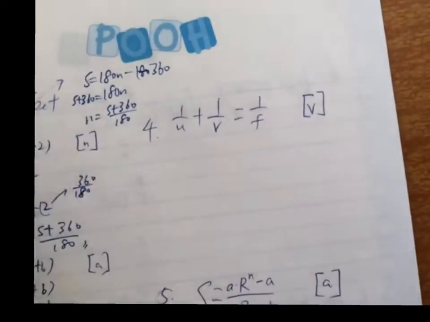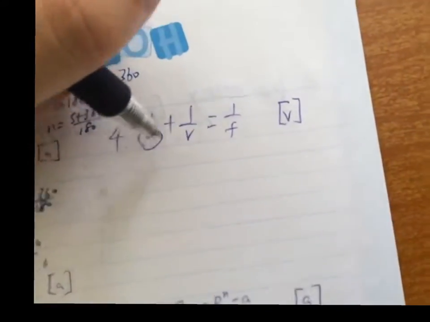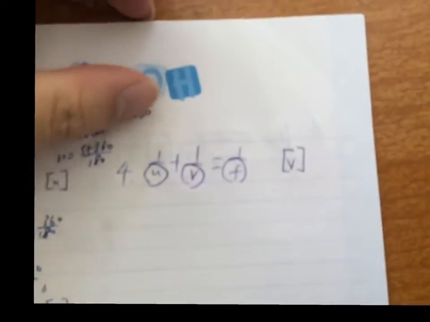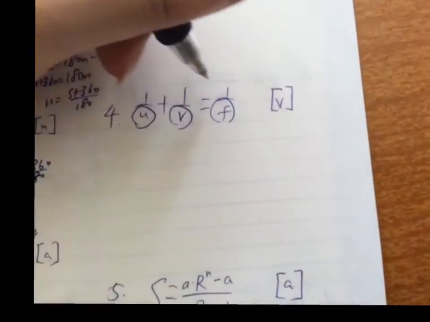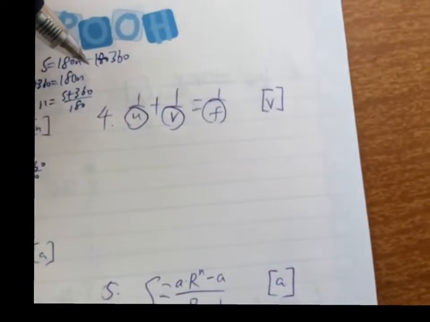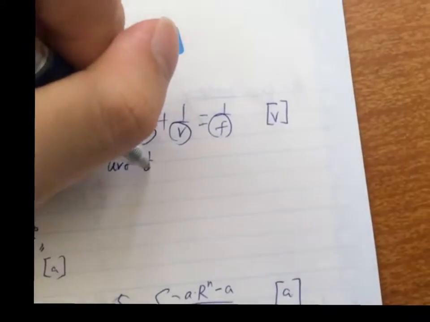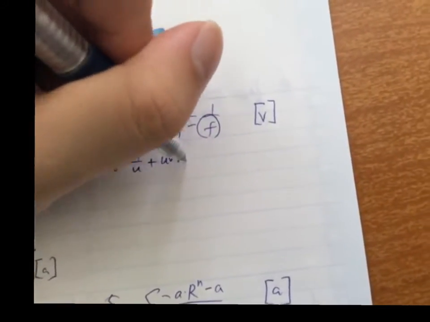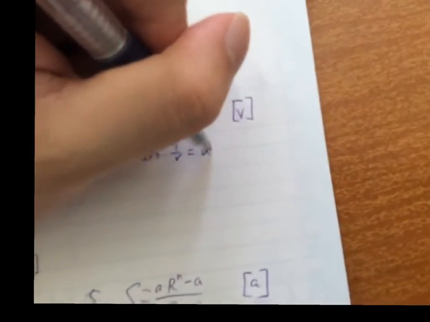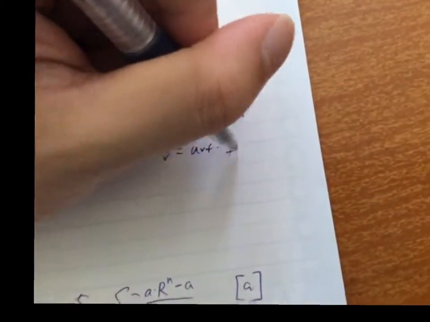Number 4, you have three denominators, u, v, and f. So you can multiply the whole fraction by uvf. So it will be uvf times 1 over u plus uvf times 1 over v equal to uvf times 1 over f.